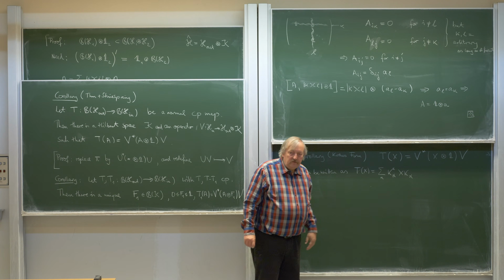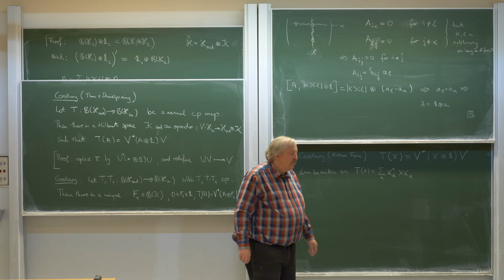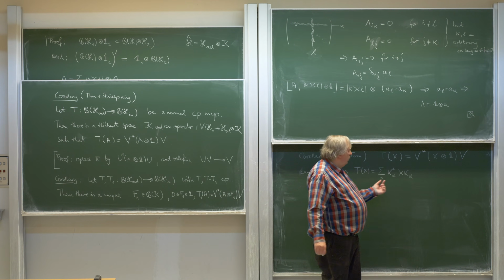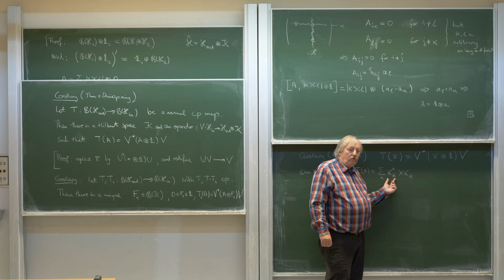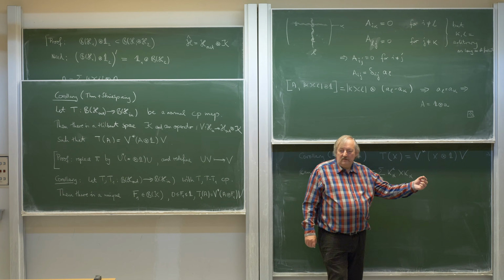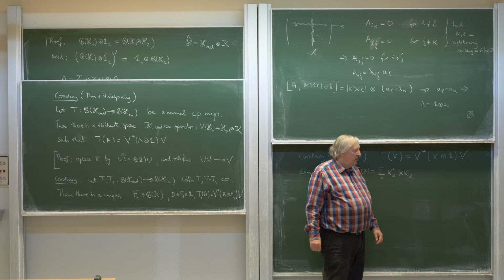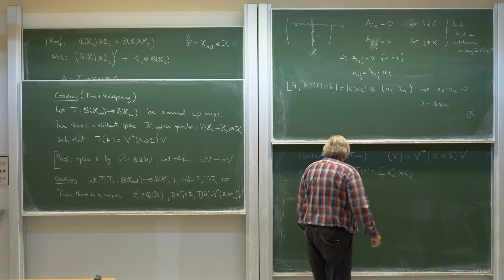So we already proved this using the Choi matrix, and the K_alpha corresponded to the rank 1 operators in the Choi isomorphism. Okay? So here's the proof.